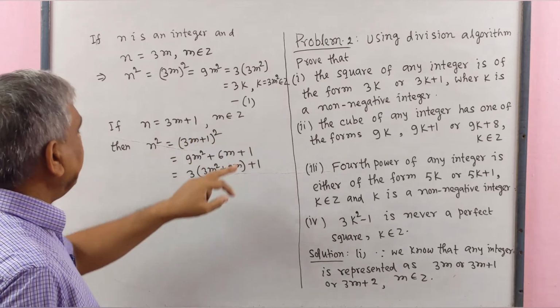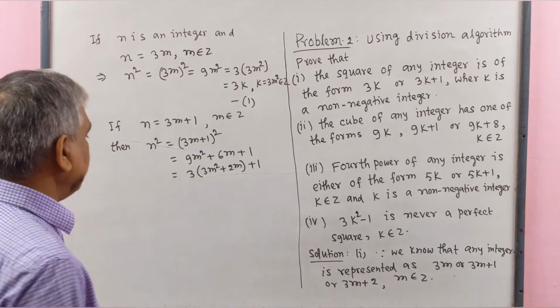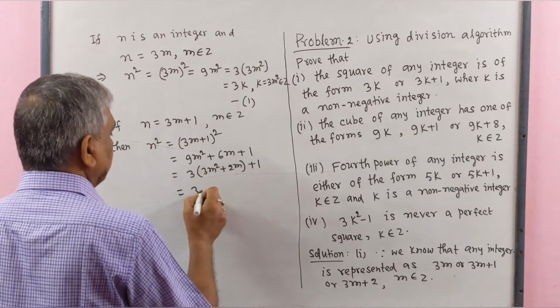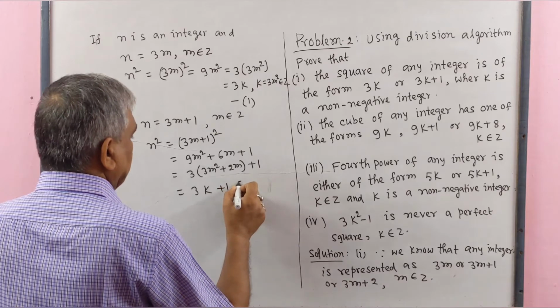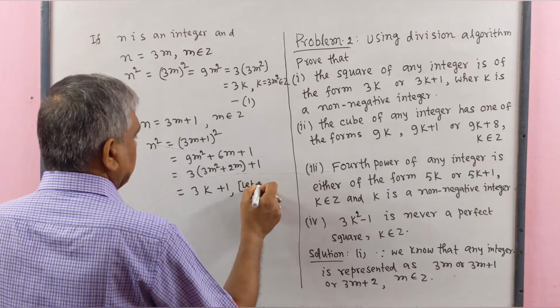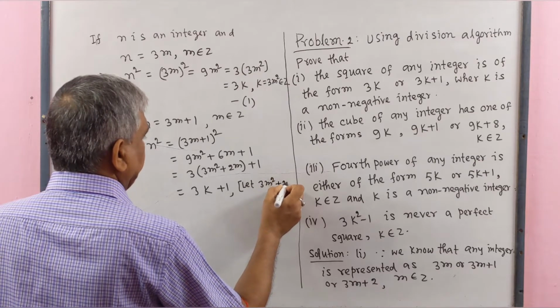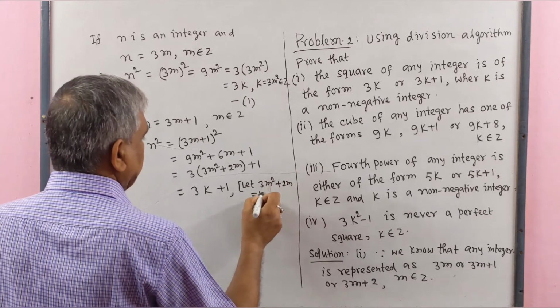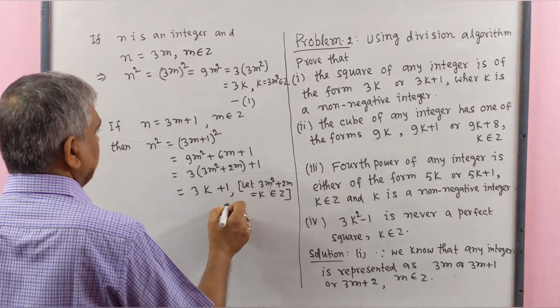M is an integer and 3m square plus 2m is also an integer. Let 3m square plus 2m equal to k belongs to Z. This is number 2.